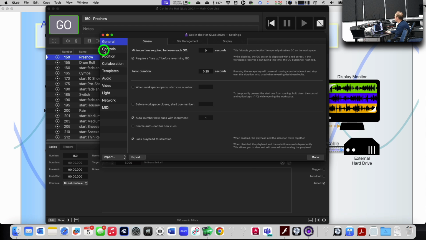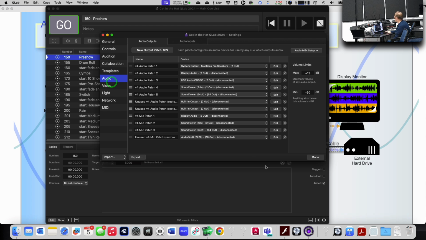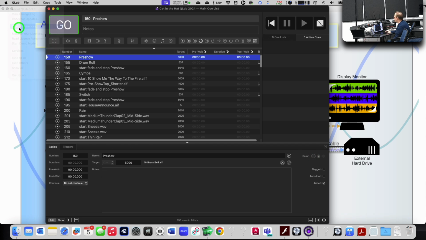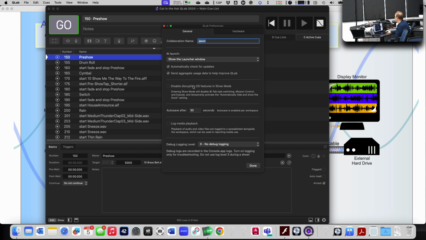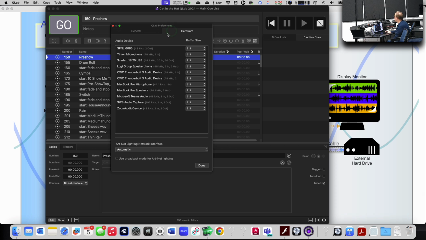This is specific to your show, your preferences and stuff. But QLab itself has some preferences over here. And this is where you can manipulate things like your hardware buffers. So these are all the audio interfaces I have on my computer right now. I've got a lot. Some of them are virtual ones, some of them are real ones.